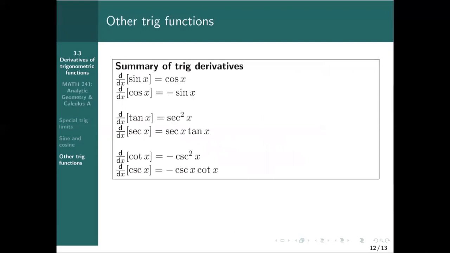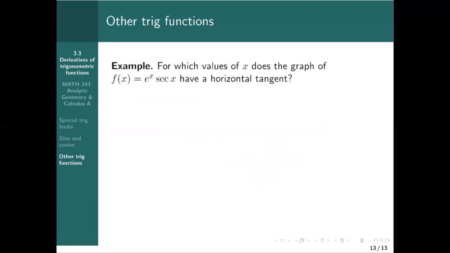So now we know the derivatives of the trigonometric functions, and we have a summary of them. So let's use the knowledge that we have to find the answer to this example. For which values of x does the graph of f of x equals e to the x times secant of x have a horizontal tangent?